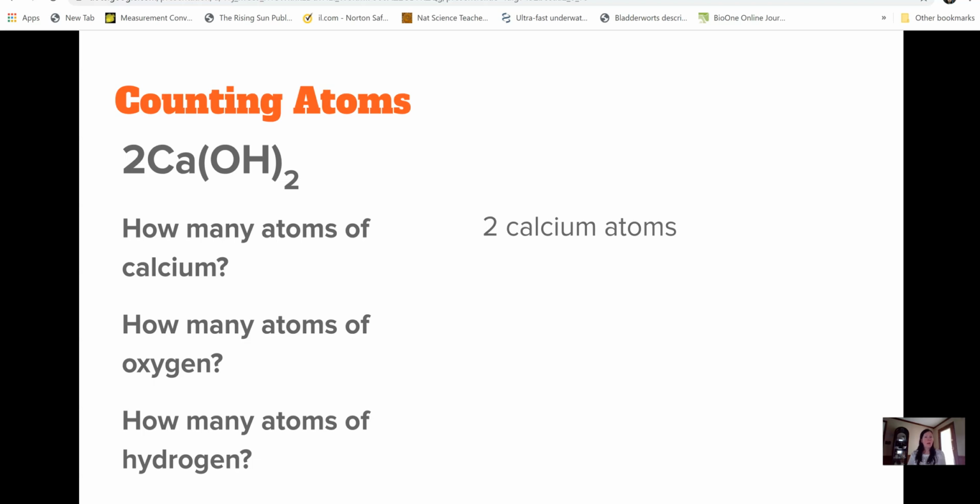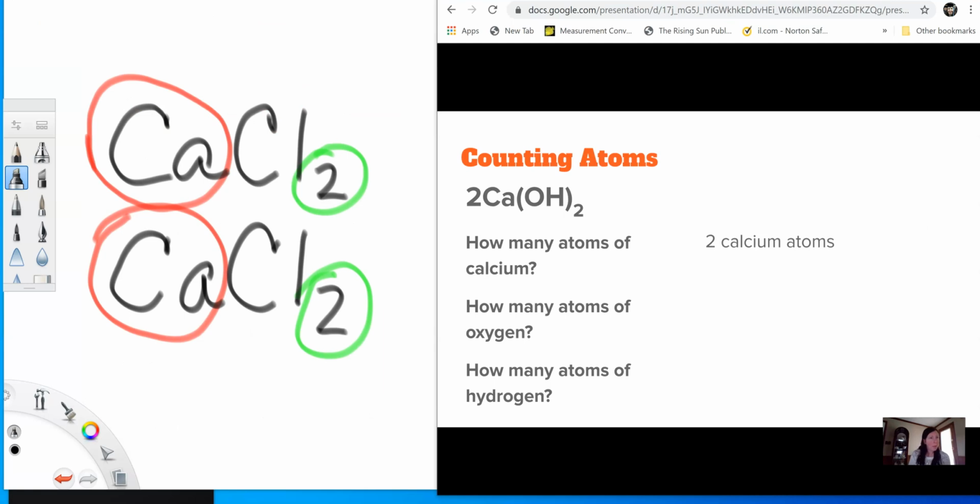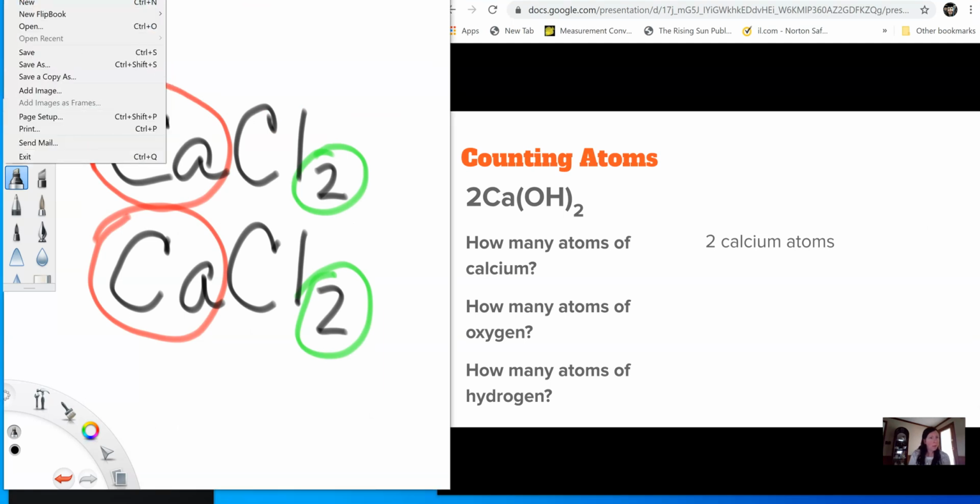Then we look at oxygen. Now we have the 2 out front, so we know the coefficient applies to oxygen, but when we look at this 2 down here, it applies to the whole parentheses around the OH. So when you have 2 OHs, okay, and let me get a new page to show you.